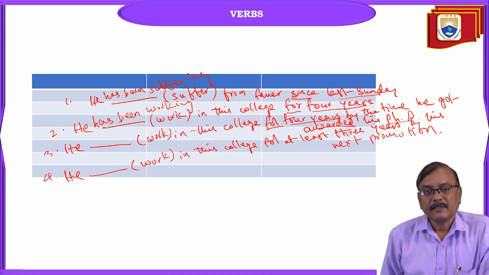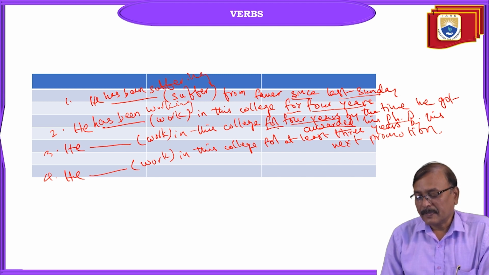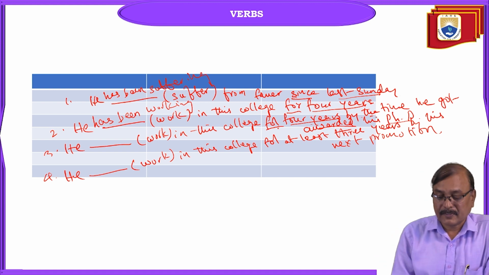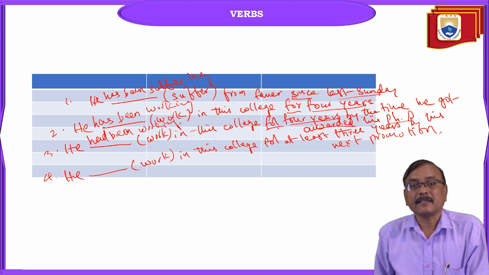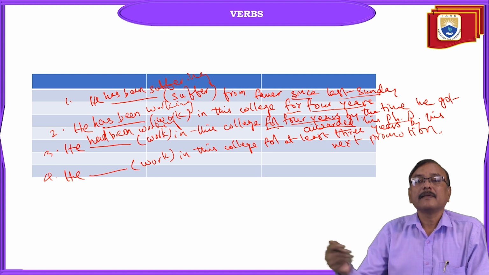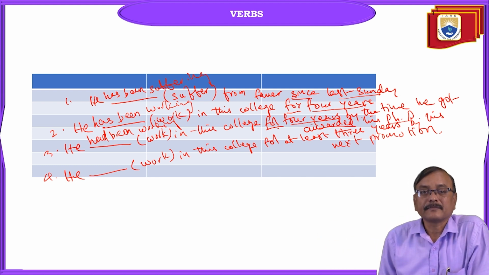So here, for plus time by past action, that is past perfect continuous tense. Past perfect continuous tense means had been working. This is for plus time by past.